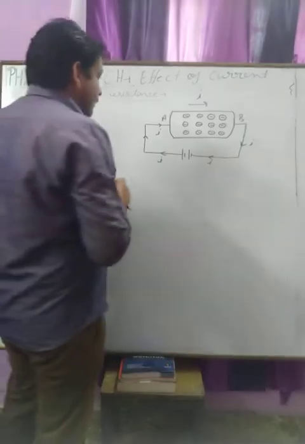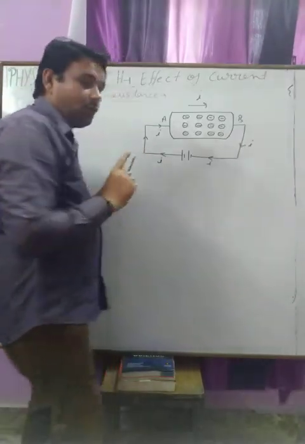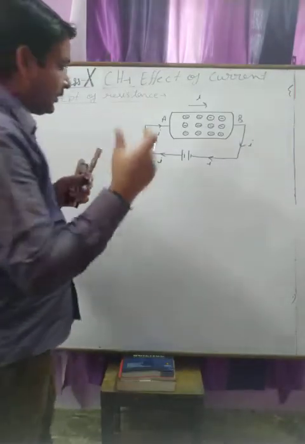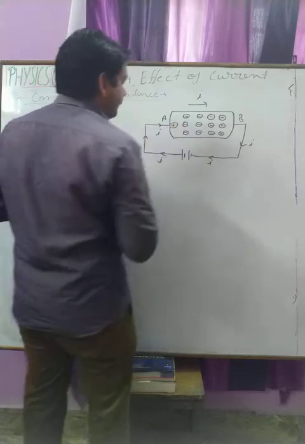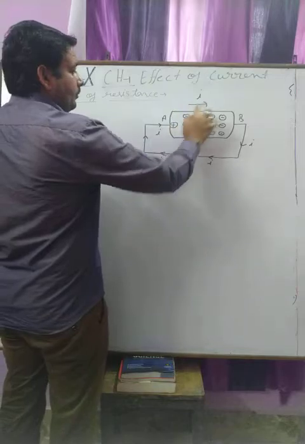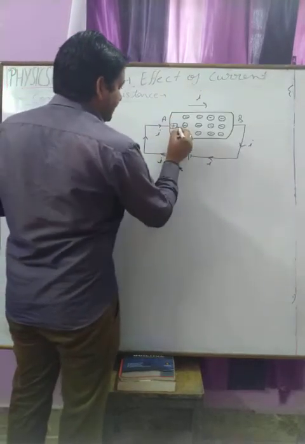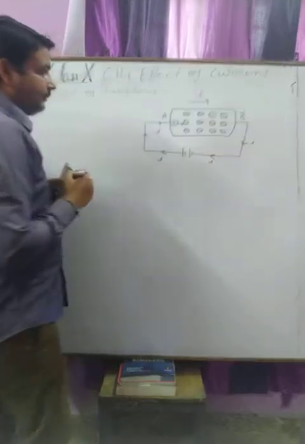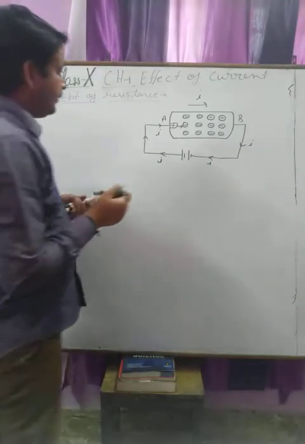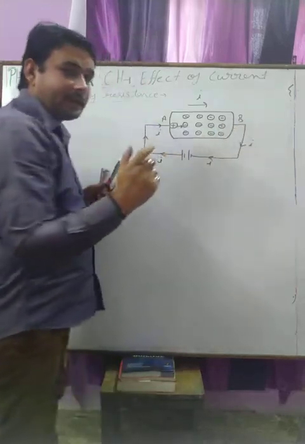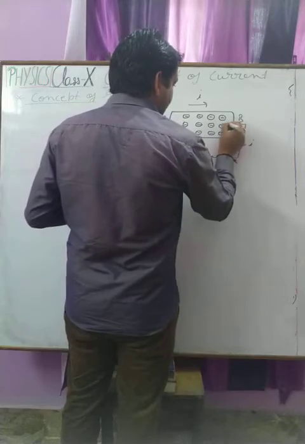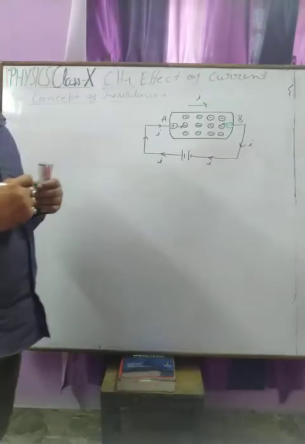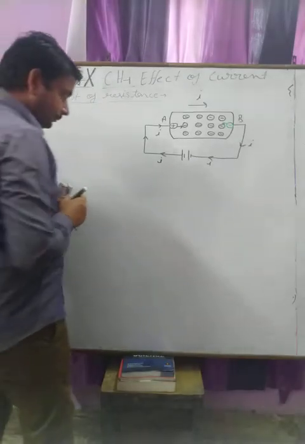Suppose the current is flowing, and we take the flow of current as a positive charge carrier moving from A to B. Point B is at the negative terminal, and the negative terminal has many electrons because of the higher concentration there.